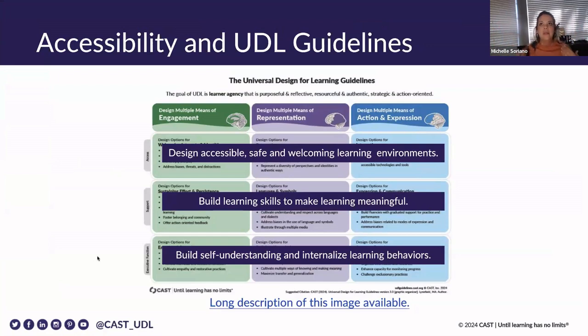How do I help my learners understand what they need in order to engage, learn, and take in relevant information for themselves? We want it to be purposeful, reflective, authentic to their needs and interests, and strategic and action oriented. So where does accessibility, where does Bookshare fit into the UDL guidelines?